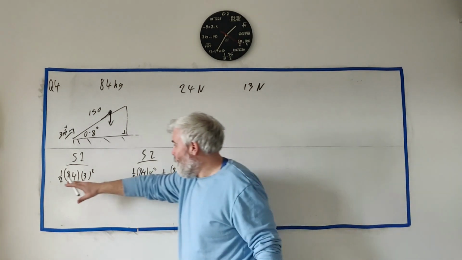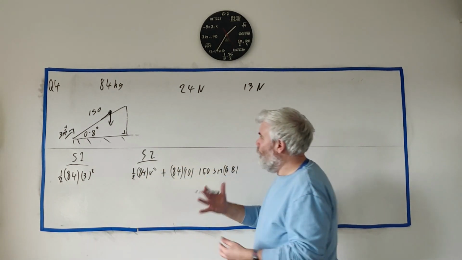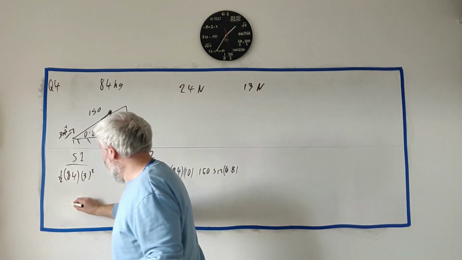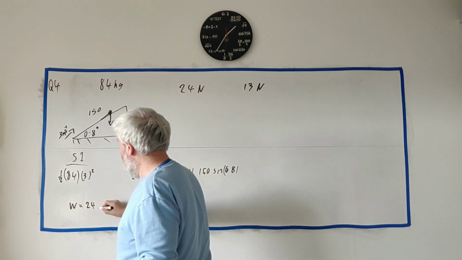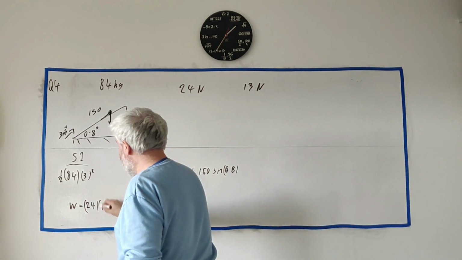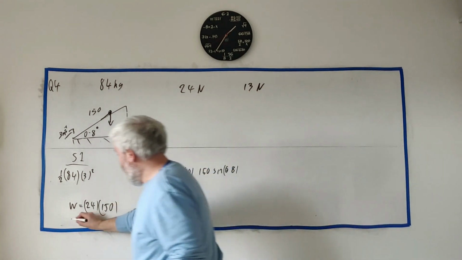And well, that's it. That's the known energy at the start, the known energy at the end. But the secret is what's added into this system. And we know there's work done here. There's work of 24 newtons times over the whole hill times 150. That work's added into the system. There's more work then.